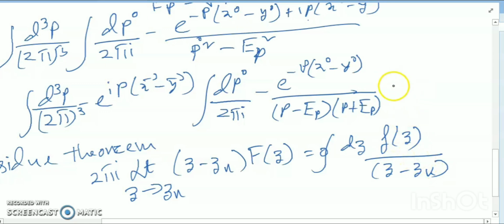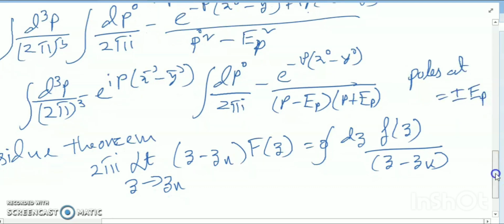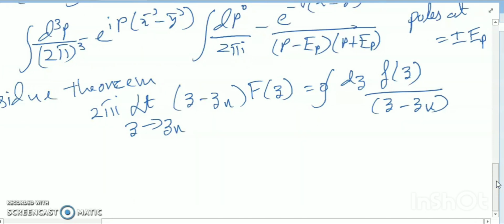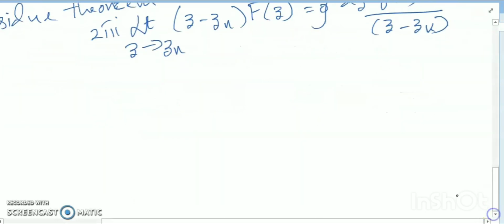And here the singularities, the poles, are at plus minus Ep. So now there are a lot of cases in the contour. Case 1: I will discuss everything.